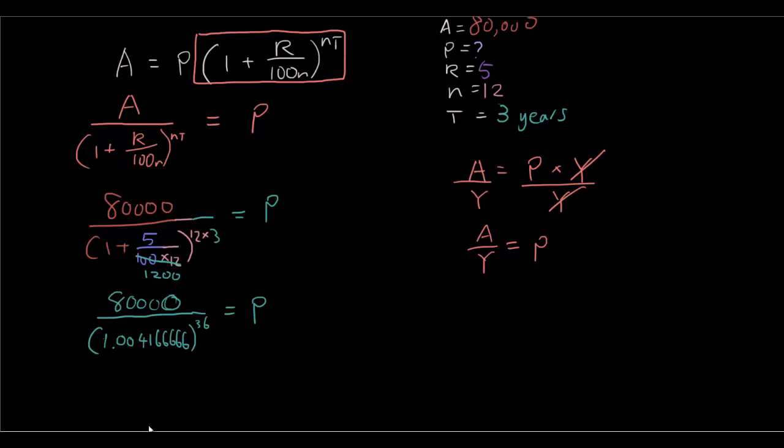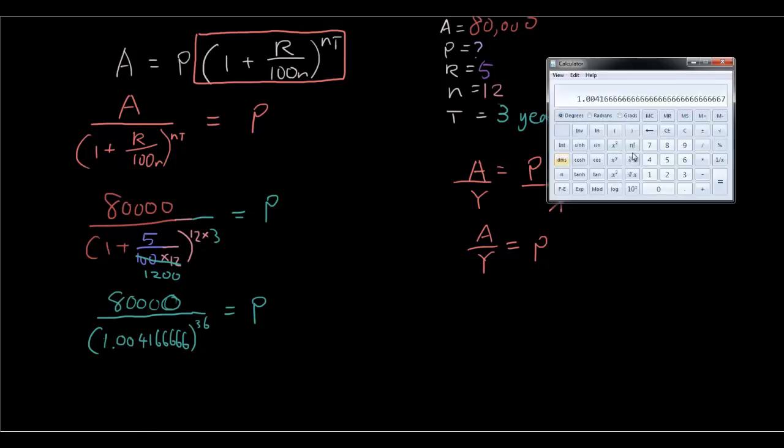So in the calculator, if you type in 1.00416666, as many sixes as you can, to the power of 36, you get 1.161472.